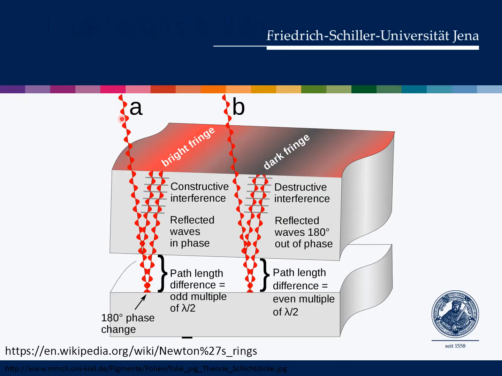Here's a little bit more detailed picture, and you see that even when they're not perfectly plane parallel, you get in certain areas a bright fringe here and a dark fringe here, when there's constructive interference of the returning rays with the ones that are reflected in the first material transition and a second one.